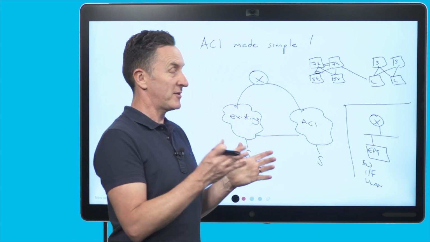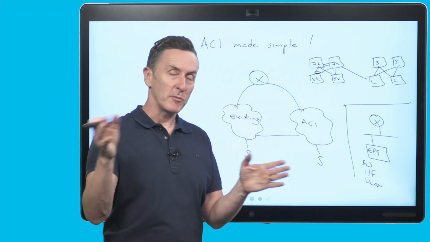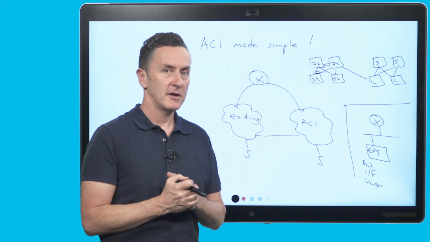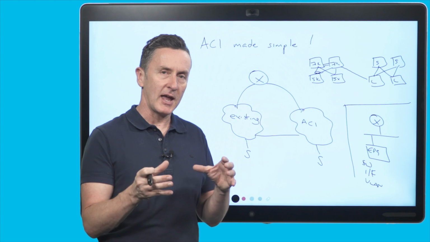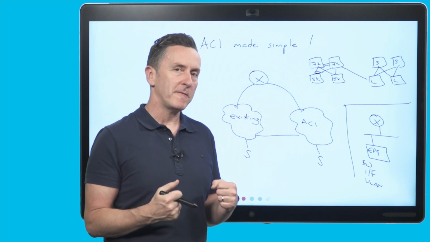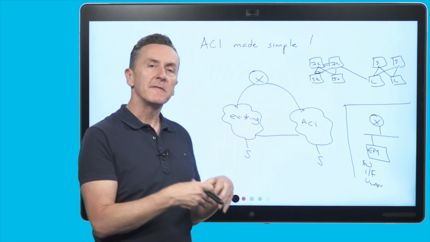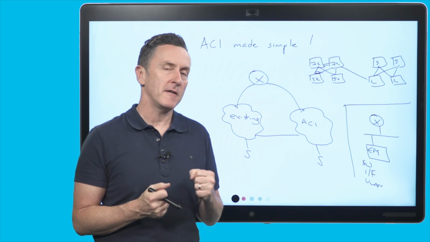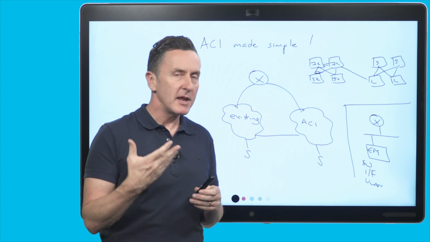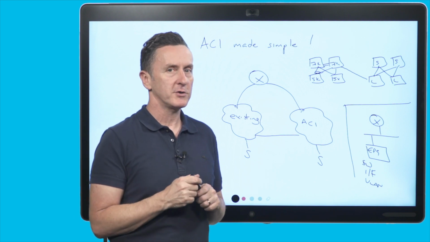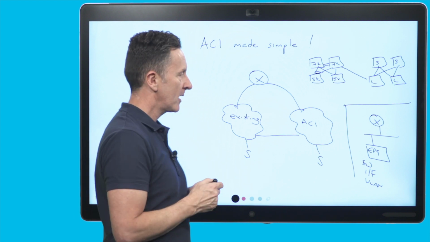And I've had other customers say they want to move it when they've moved 50% of their workloads. There's really no right or wrong way of doing this migration of the gateway. But if you move the gateway first, you gain all of the benefits, all of the security benefits of ACI, and you can simply migrate your machines across. But it is a very personal thing.